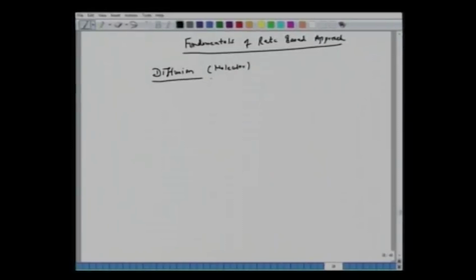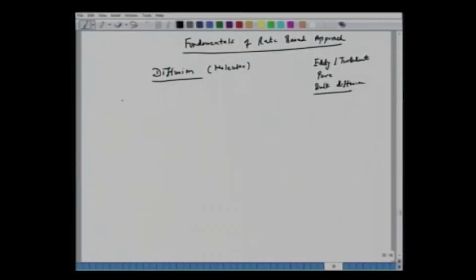Alright, so when we say molecular diffusion, we are saying it's different from eddy diffusion or diffusion in turbulent flow or pore diffusion or bulk diffusion. So there are different classifications for diffusion. What we are discussing here is molecular diffusion.